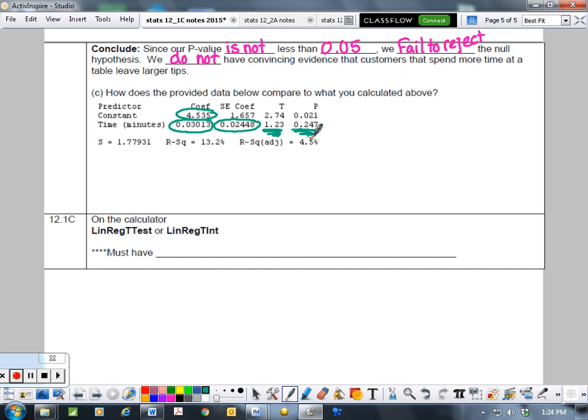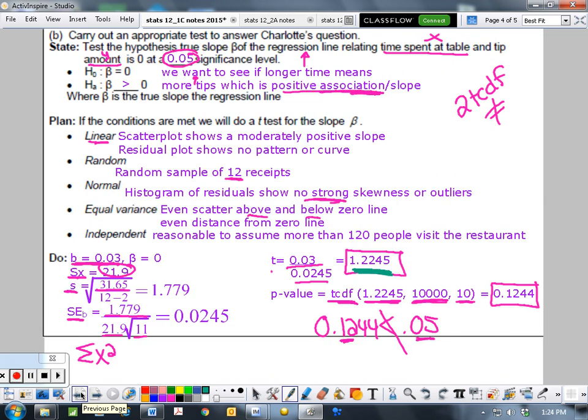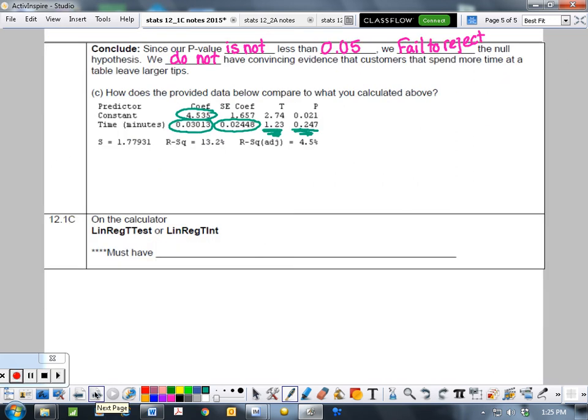Well, that's off, because 0.247 is a two-sided test. So when we're looking at our computer printouts, we're going to see the t-value and the p-value for a two-sided test.